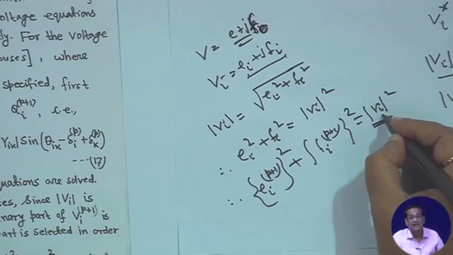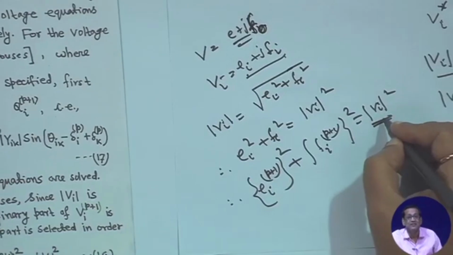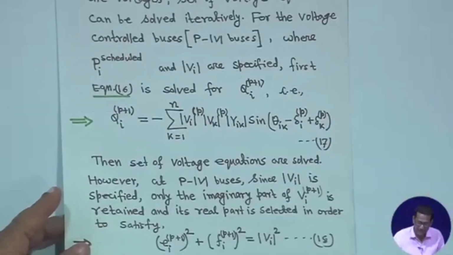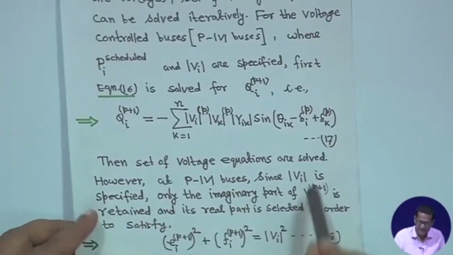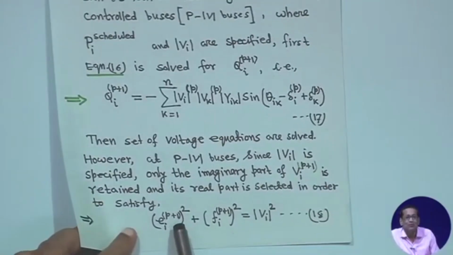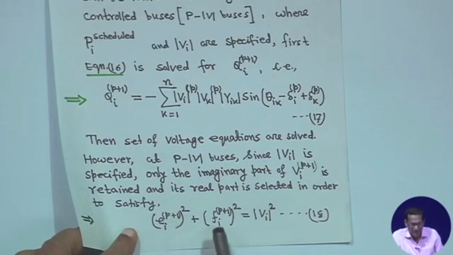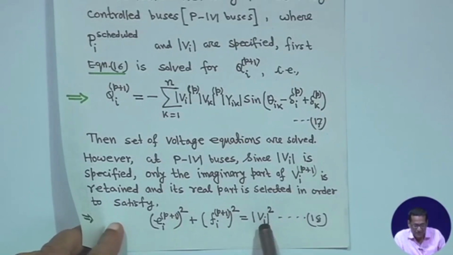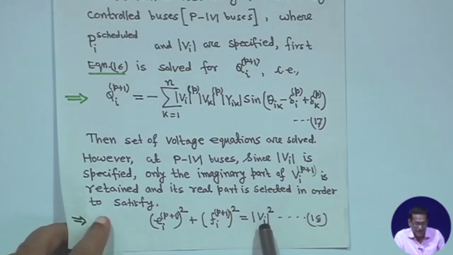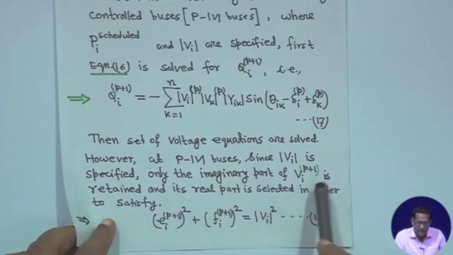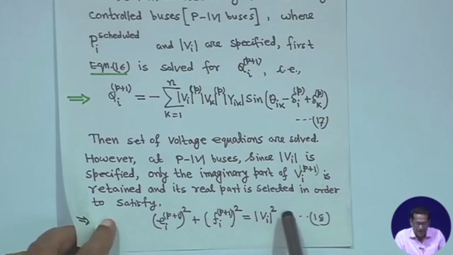There is no need to put p here, because the PV bus voltage magnitude remains constant.